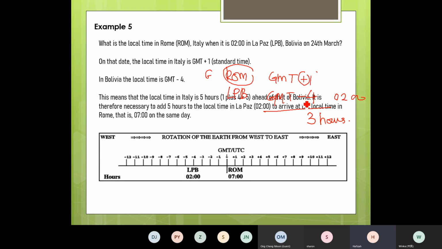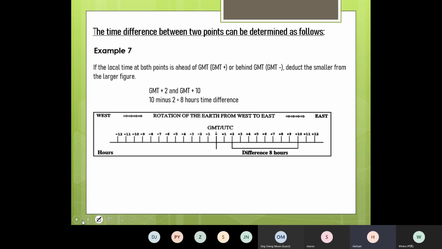Rome is +1, which means you need to go 3 hours ahead, so plus 3. Sorry, this one is 5 hours because it's minus to plus. There is a calculation for identifying which one is plus and which one is minus. Later on I will show you. So this one is just an example.